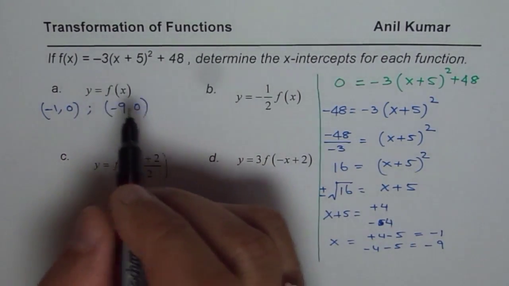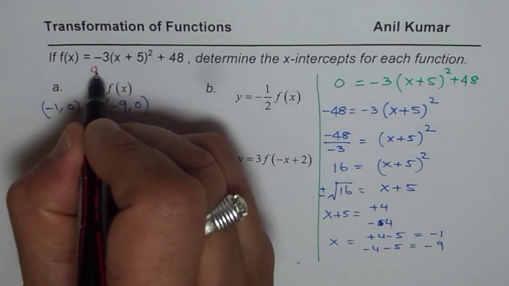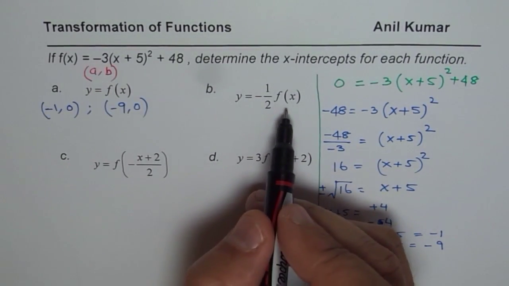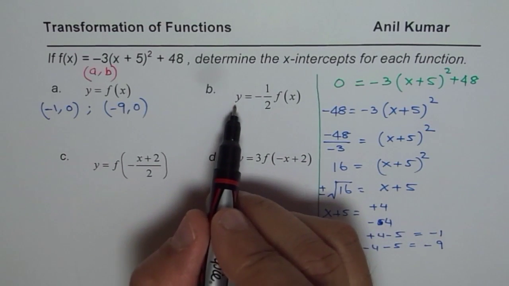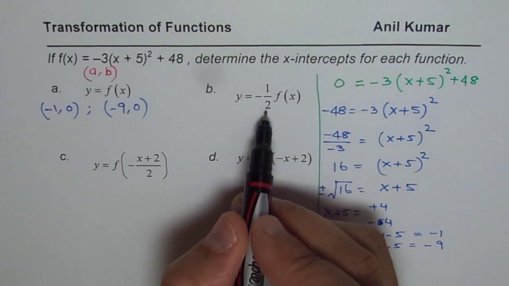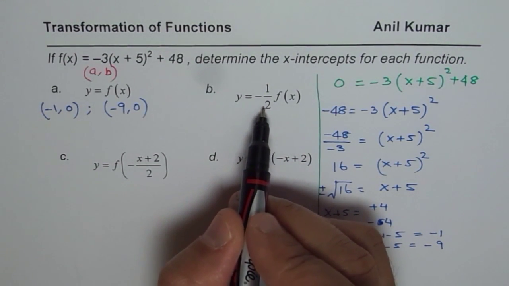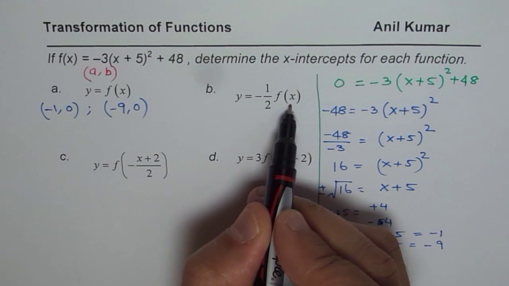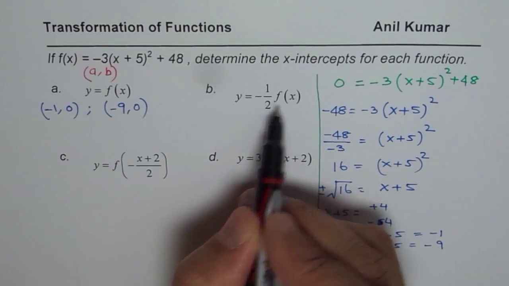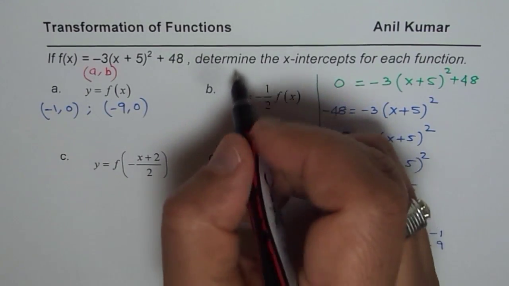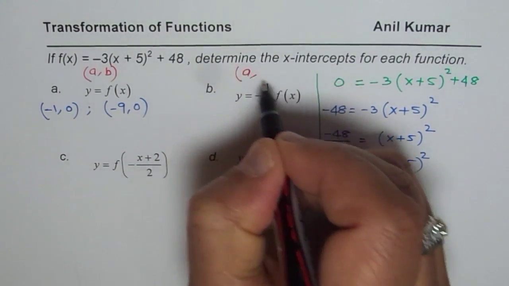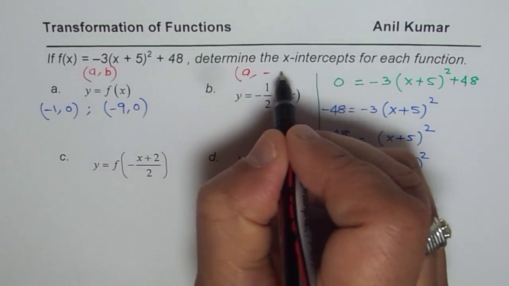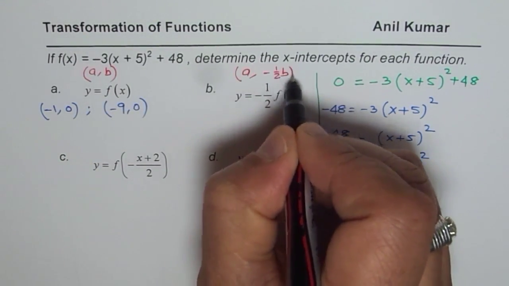So let us say if for f of x, (a, b) is the point, then its image on the transformed function will be what? For part B, it is minus half, that is the vertical value, which gets multiplied by minus half. There is no transformation along the horizontal side, so the a value remains the same. So the transformed point should be (a, minus half of b), right?